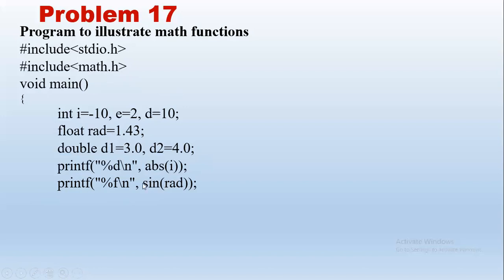As soon as the compiler sees this sine, it refers to the math.h header file to know the meaning of this function and how it has to be implemented. This function simply calculates the value of sine 1.43 and returns a floating point value, which is printed with the help of the format specifier %f.